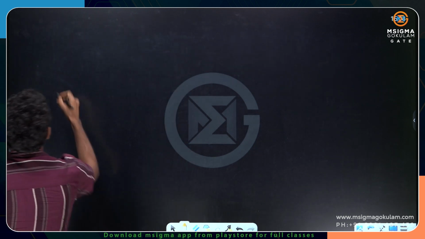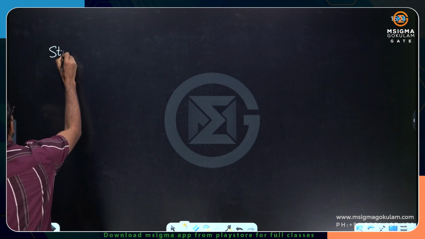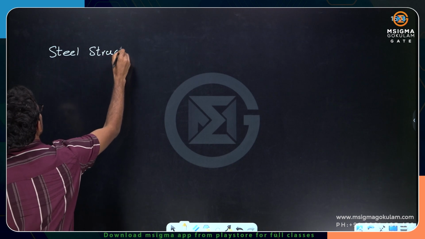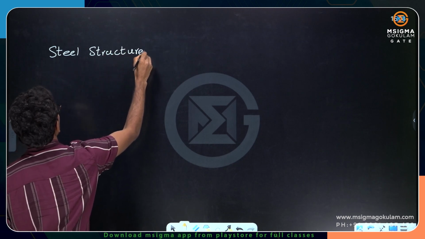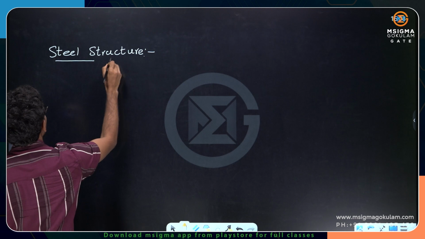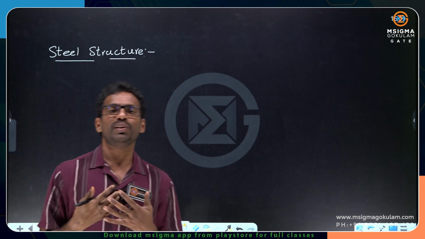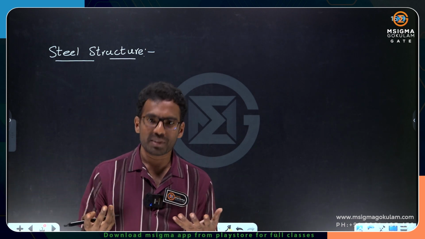What is a steel structure first? What is meant by a steel structure? When I say steel structure, it means a structure. What is a structure basically? To begin with, it is a combination of a set of elements or members.